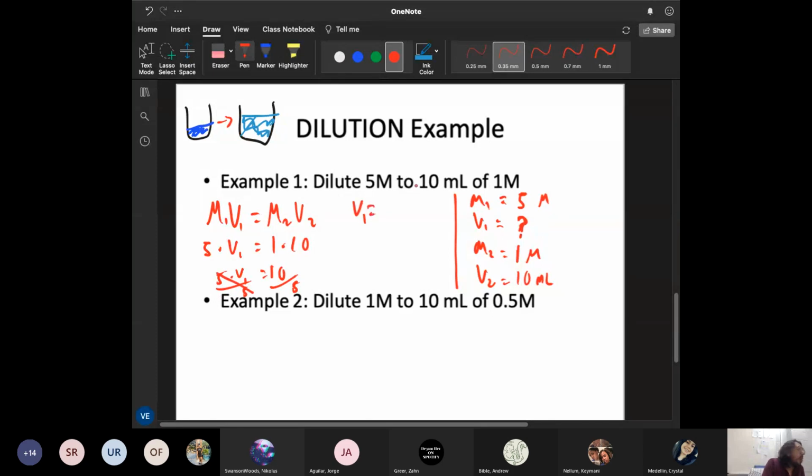Guys, what's 10 divided by 5? It's 2. So the answer is 2 milliliters, okay? That's it. That's all it took. So that means that we took 2 milliliters at a concentration of 5 molarity and we diluted to 10 milliliters and the concentration is 1 molarity.